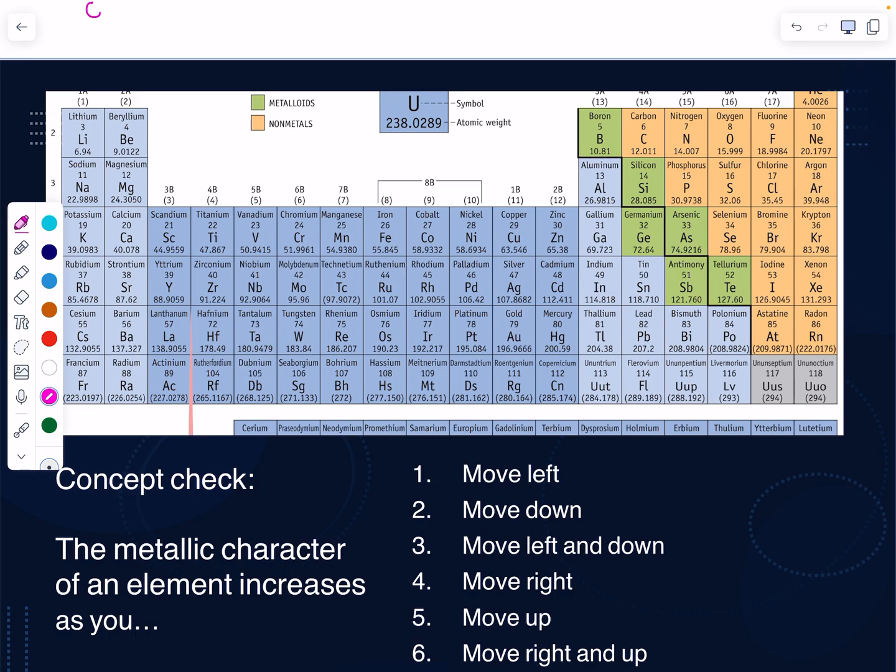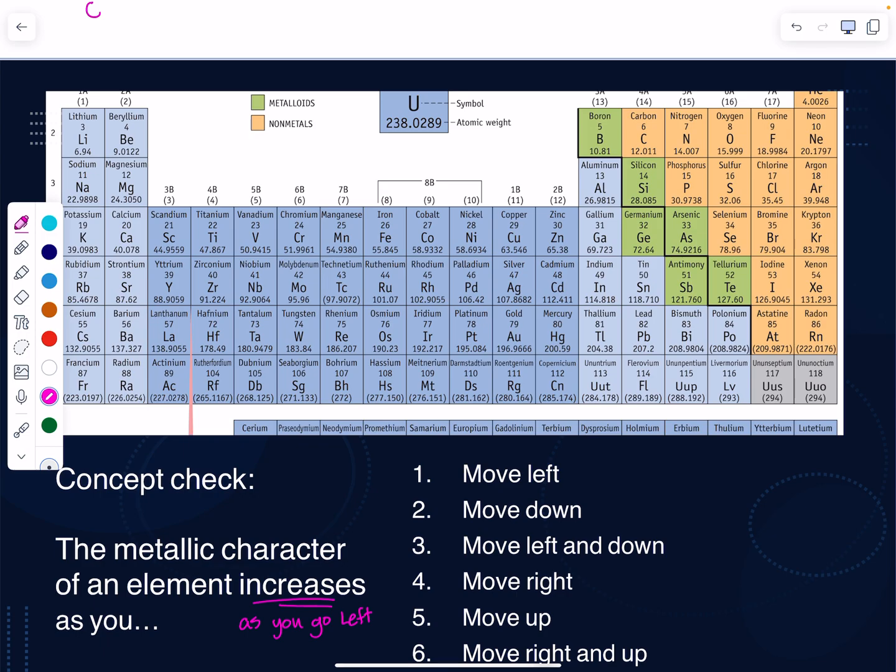First, moving right or left: going just by the colors and what we've said they mean, when you go from left to right, do you get more metallic or less metallic? You get less. So metallic character increases as you go left.